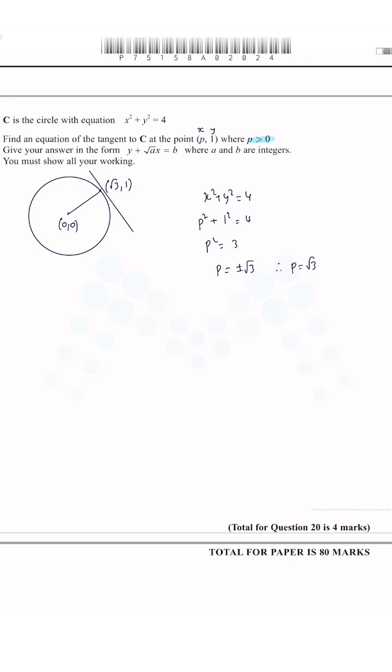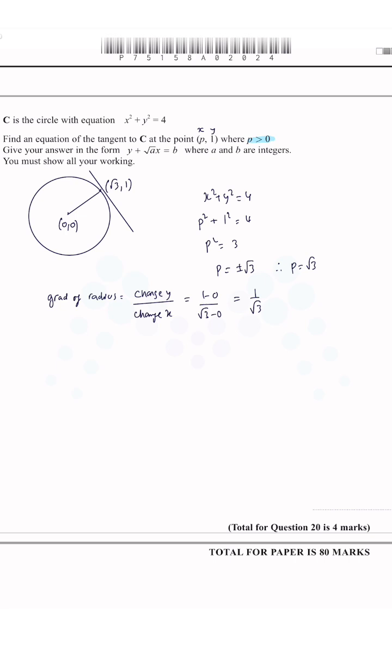Now, for me to find the gradient of the tangent, I have to first find the gradient of the radius. The gradient of the radius is the change in y divided by the change in x. My change in y is 1 minus 0, and my change in x is root 3 minus 0, so it becomes 1 over root 3.